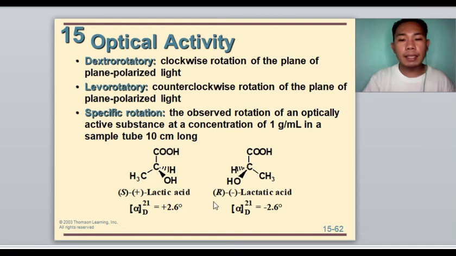Notice in this structure the specific rotation of the enantiomers of lactic acid measured at 21 degrees Celsius, using the D line of a sodium vapor lamp as the light source. The optical activity of this is dextrorotatory, that means clockwise.